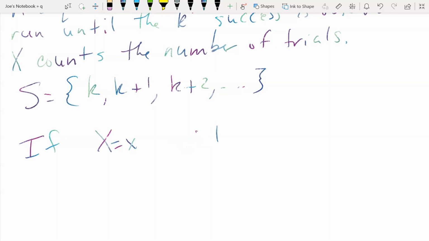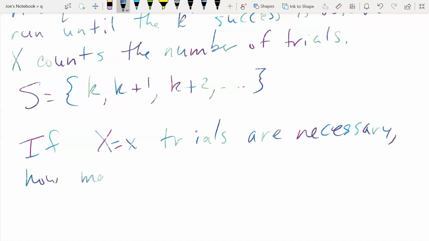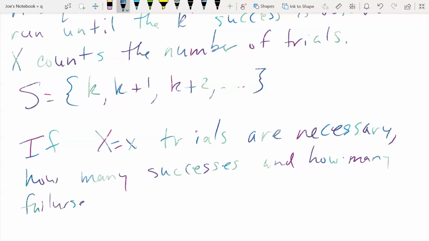So if you have capital X equals little x, trials are necessary. How many successes and how many failures did we have? Well, the first part of that question is easy.